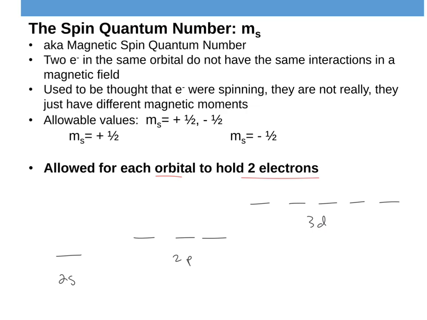Let me get this language down for you: in the 2p subshell, there are 3 orbitals, the -1, the 0, and the 1. In each orbital, we can put 2 electrons. So I can have 1 up and 1 down, 1 up, 1 down, 1 up, 1 down. I can have 2 electrons in each orbital, for a total of 6 electrons.